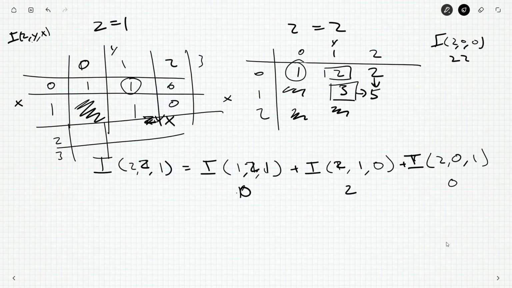Or 2, 1, 1, which is this 3 here. Or 2, 2, 0, which is the one above it. Okay, so now this is making sense. And this 5 comes from here. Because nothing comes from over here. And there's no way to have 1, 2 for the y's. Alright. This is working. This is working.